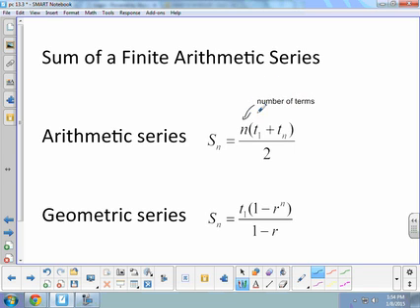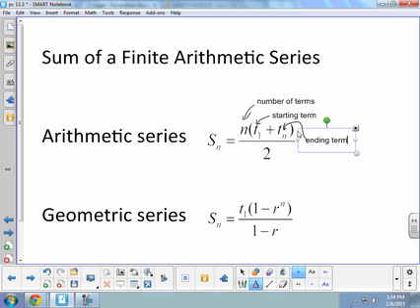T sub 1 is your starting point, or where you start, the term that you started with. And t sub n is where you end up, your ending term, or your last term.